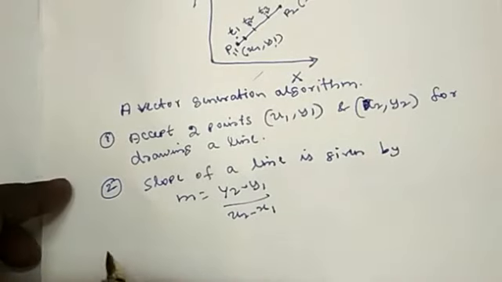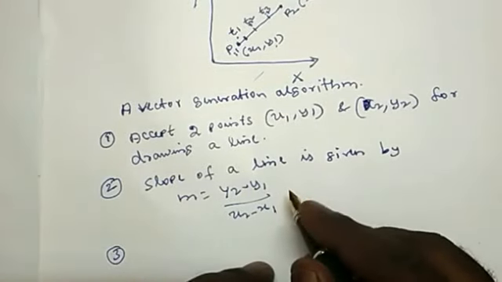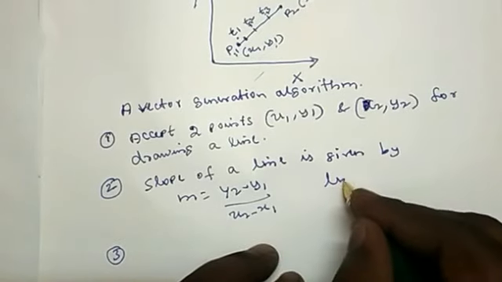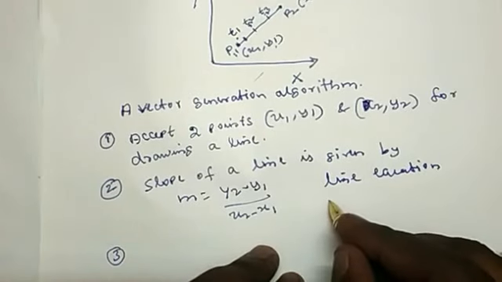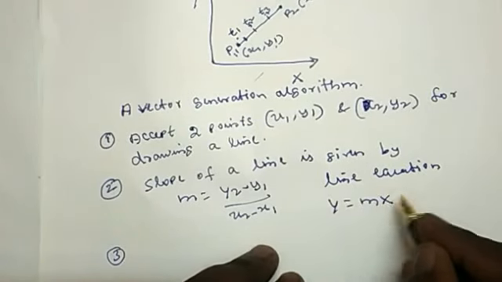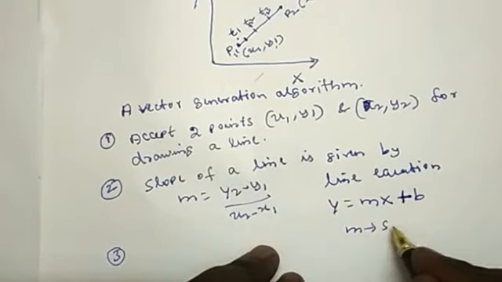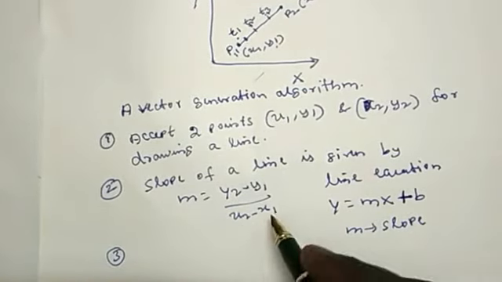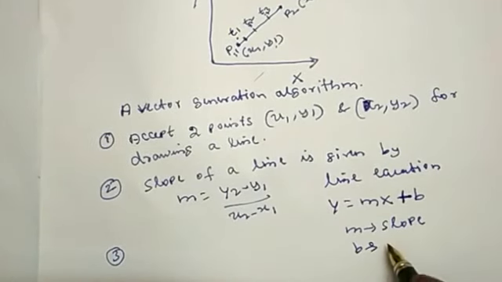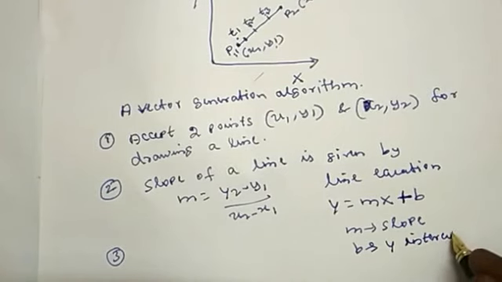Before going into the m value, you have to know the line drawing equation. The line equation is given by y equal to mx plus b. m is called the slope, for which we have already given the formula, y2 minus y1 by x2 minus x1, and b is called the y-intercept.